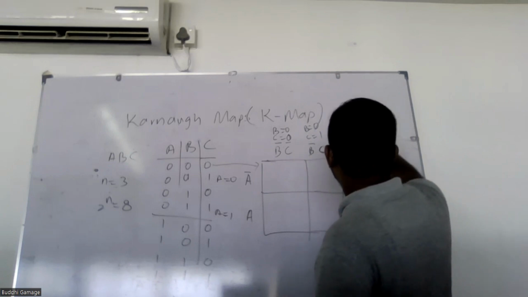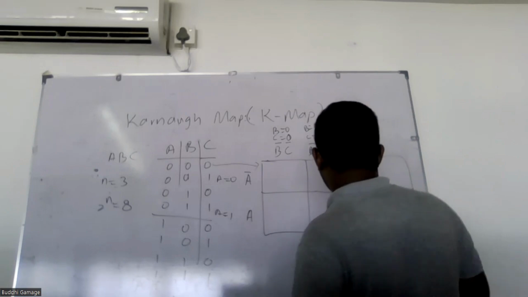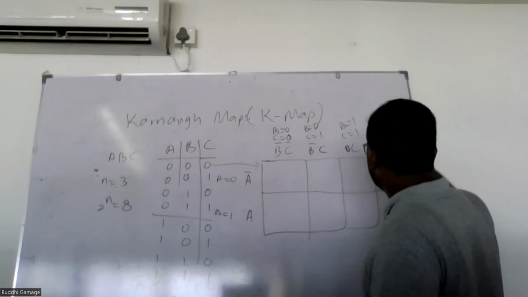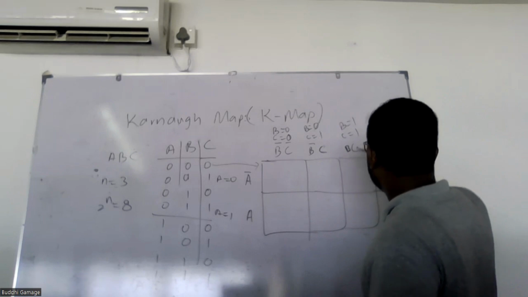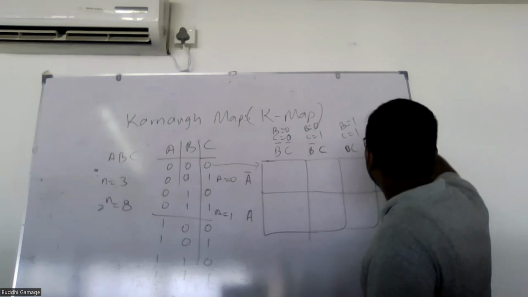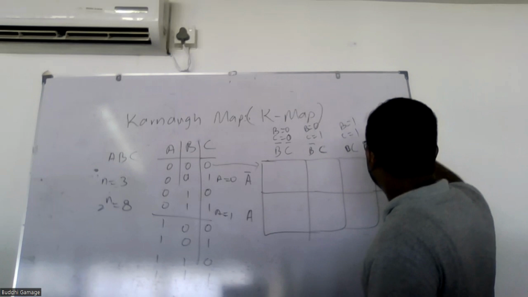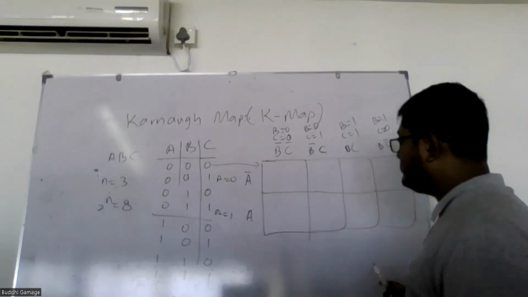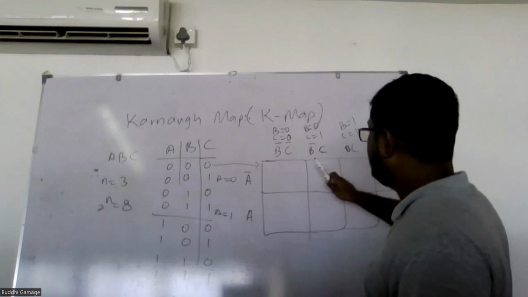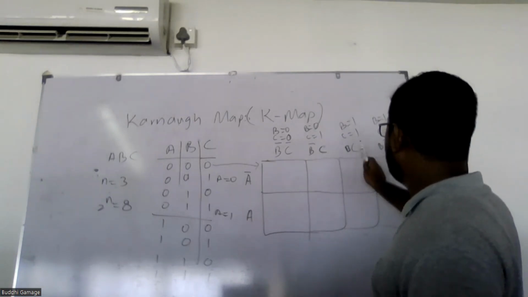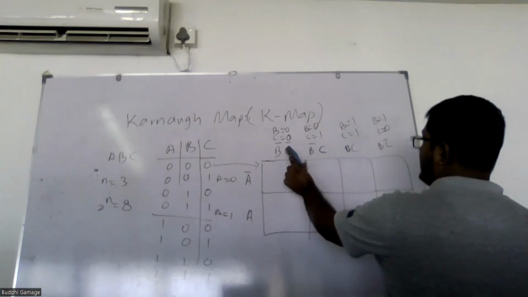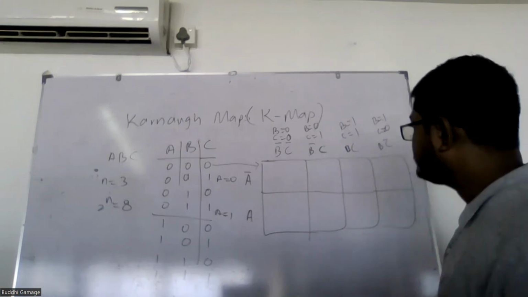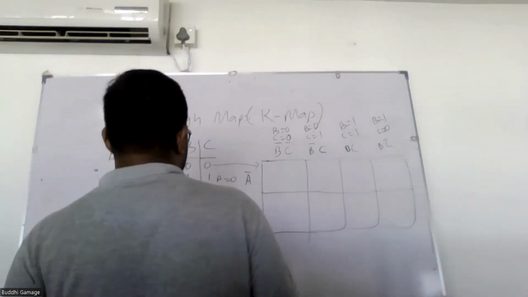Then B is equal to 1, C is equal to 1. From here, we can change C again: B C bar, where B is equal to 1, C is equal to 0. So you need to keep in mind that you can change only one variable at a time. Here we changed C, here B, and here again C.